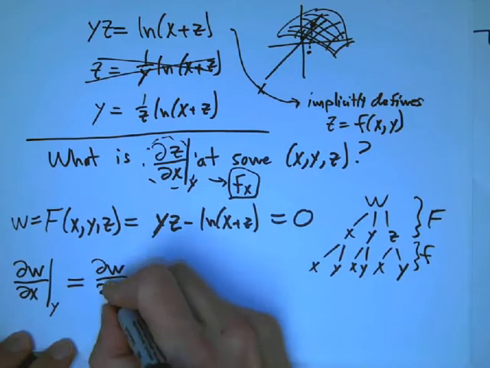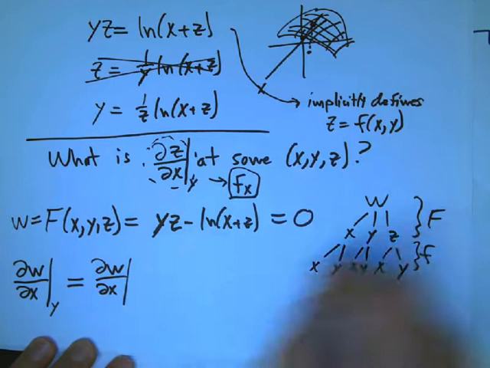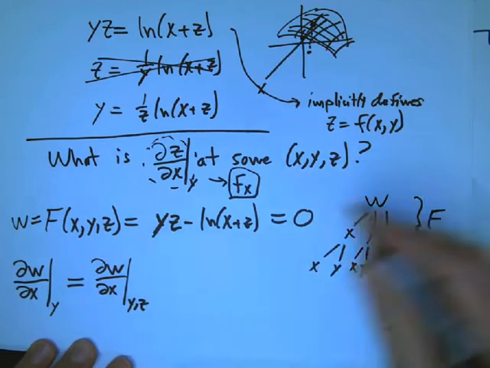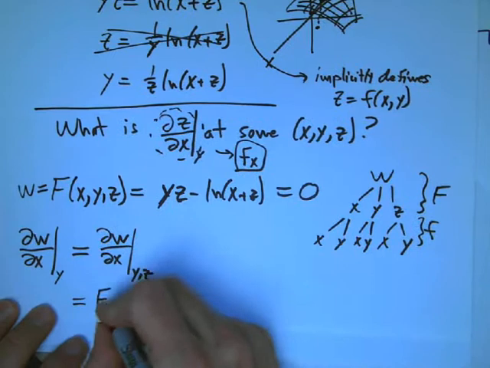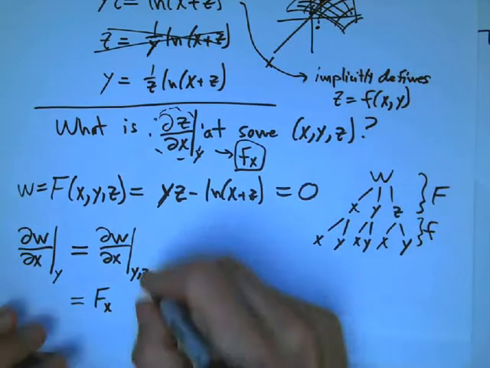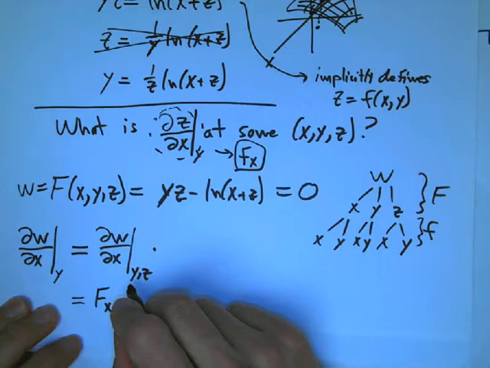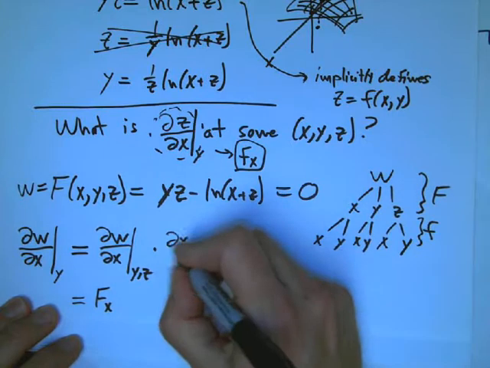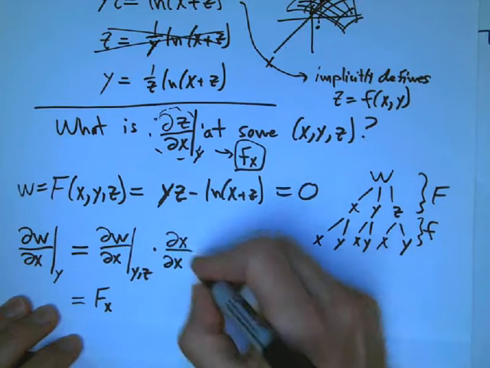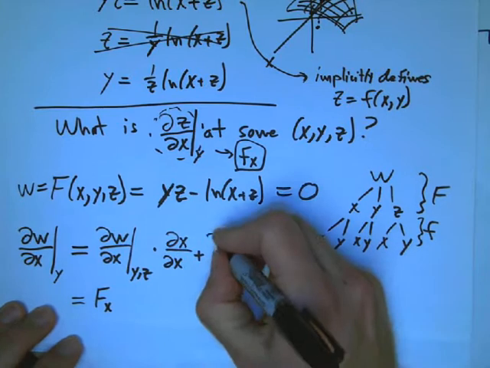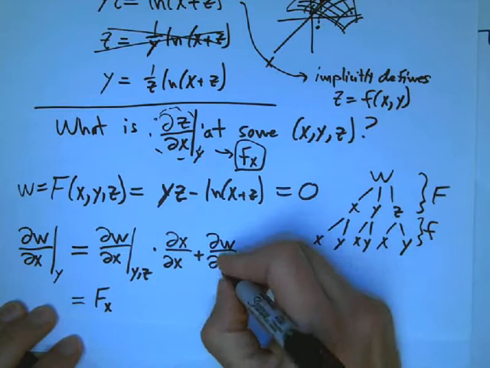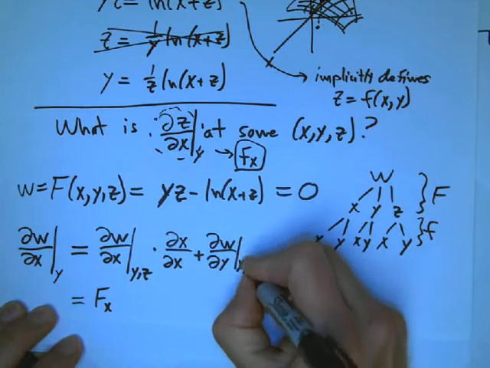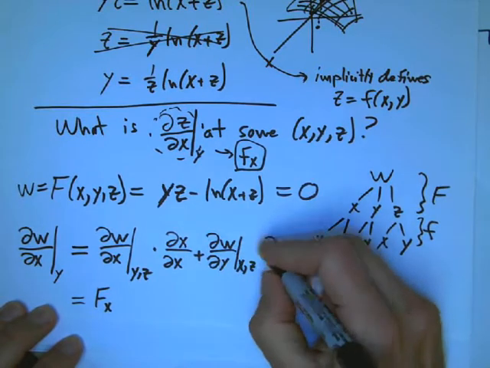Times how x depends on x. Well, that's going to be 1. Plus how w depends on y with x and z held constant, times the partial of y with respect to x. Now that's interesting. Let me actually decorate these guys.